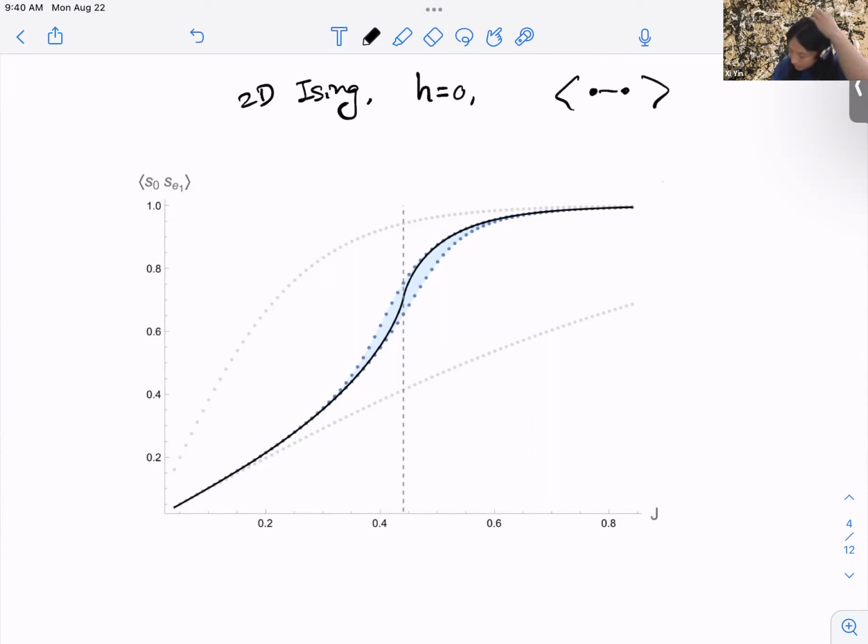What I mean by S0, SE1 is that 0 is the origin of the lattice, and E1 is the unit lattice vector in one direction. So this is just the nearest spin correlator. This is the simplest non-trivial thing you can consider in this example.